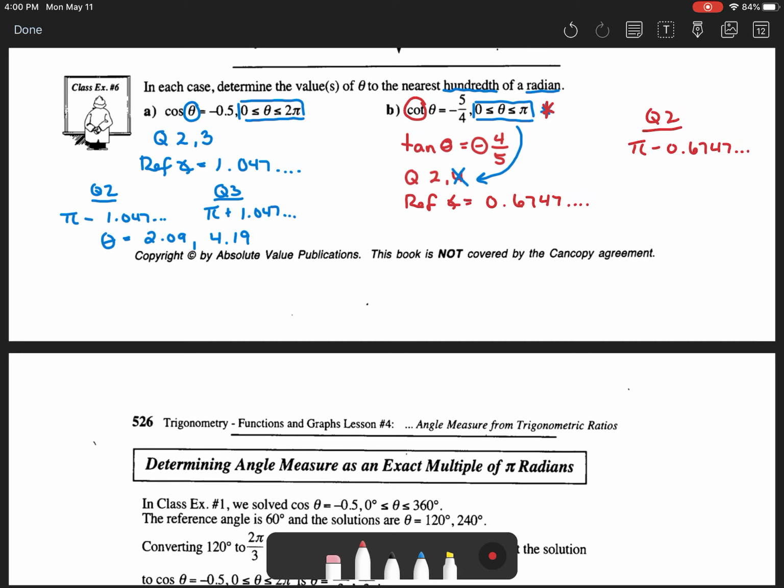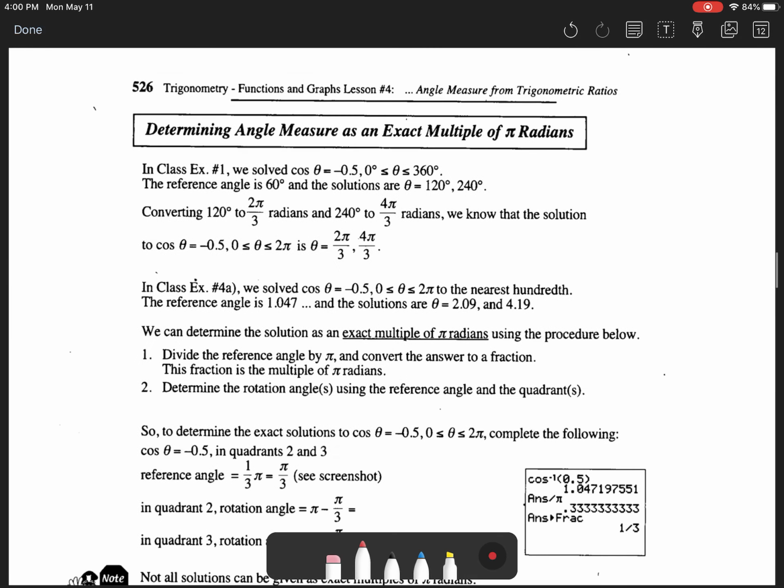So pi minus my reference angle, and I will get a value equal to 2.47. And there's your value for theta. So theta is equal to 2.47 radians, and that's what it looks like in radian measure.